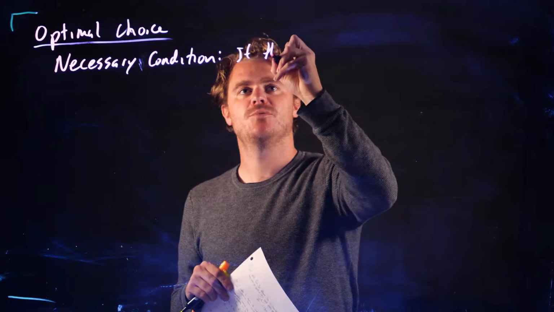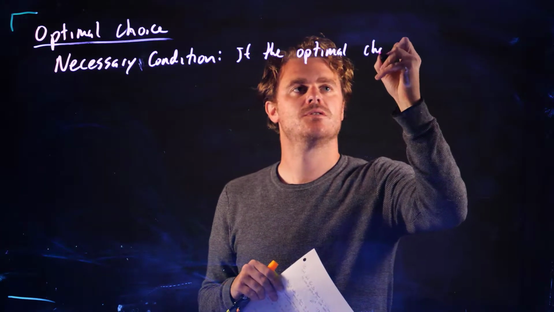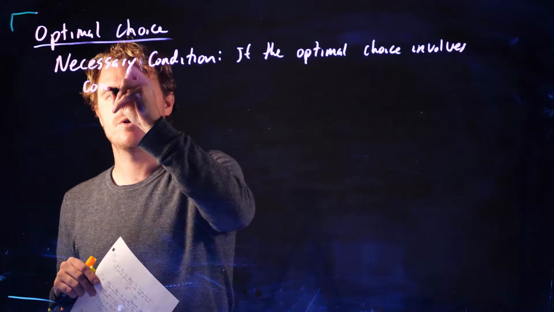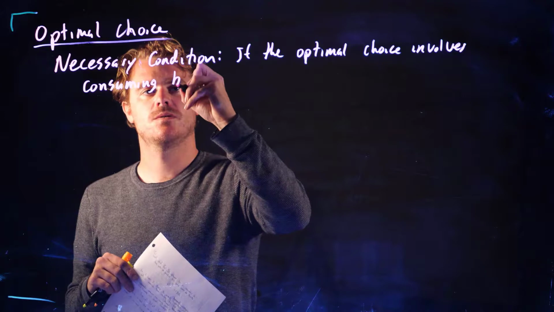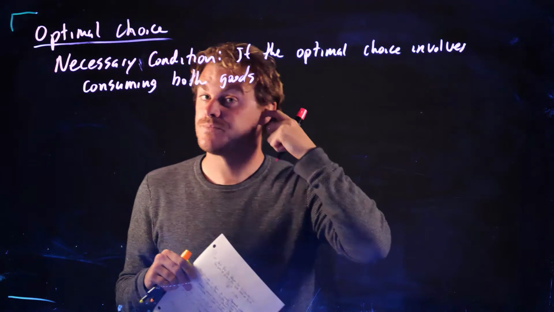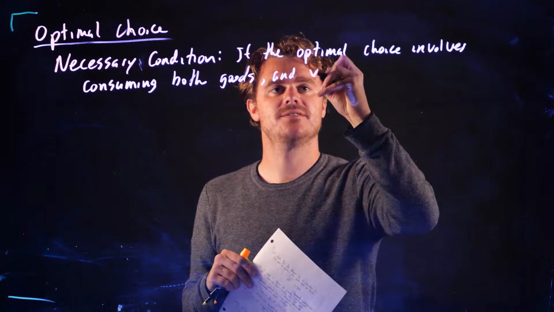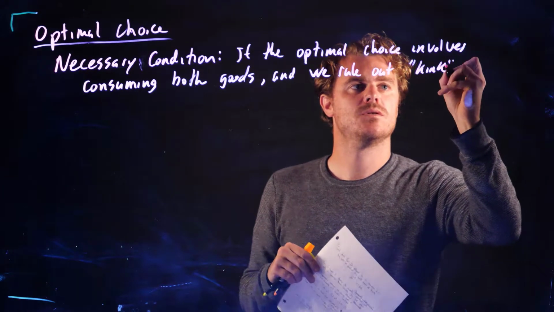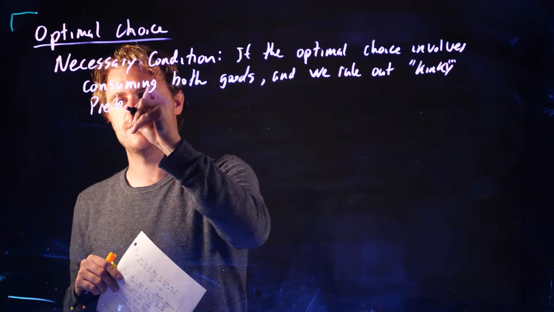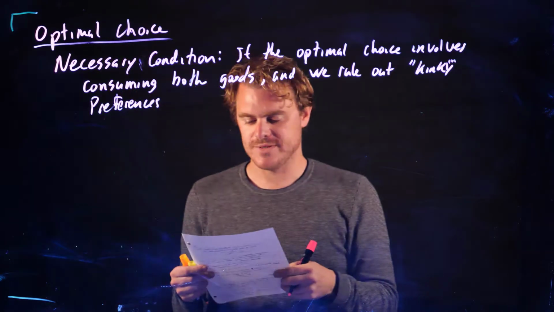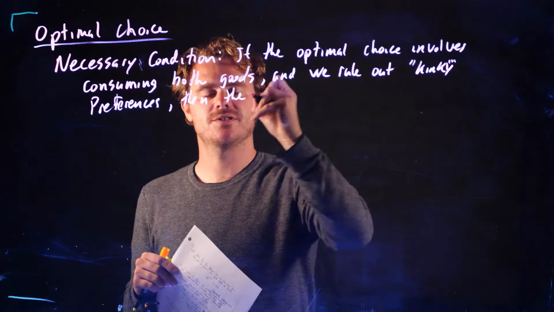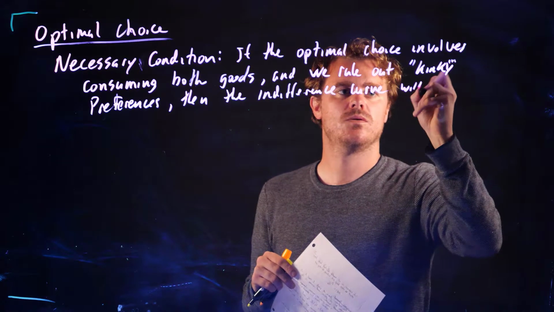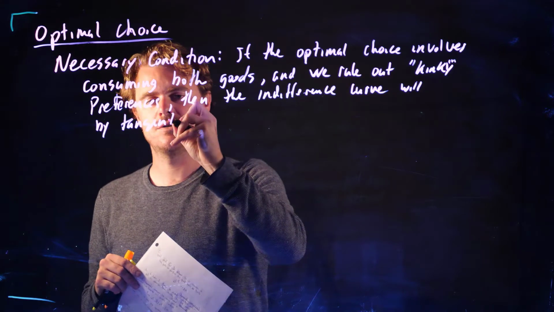So if the optimal choice involves consuming both goods, and we rule out kinky tastes or kinky preferences, those two exceptions that we talked about before, then the indifference curve will be tangent to the budget line.